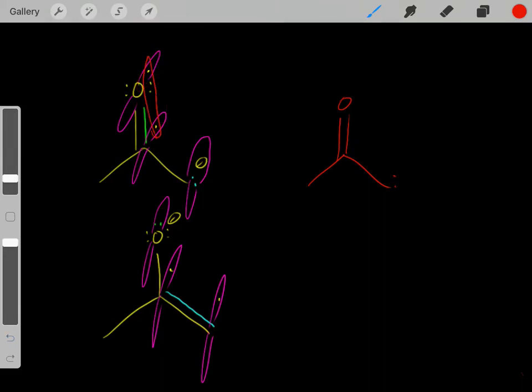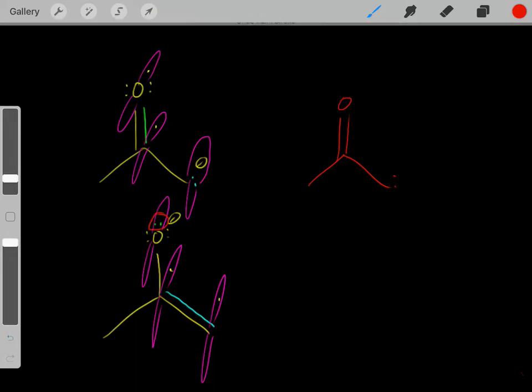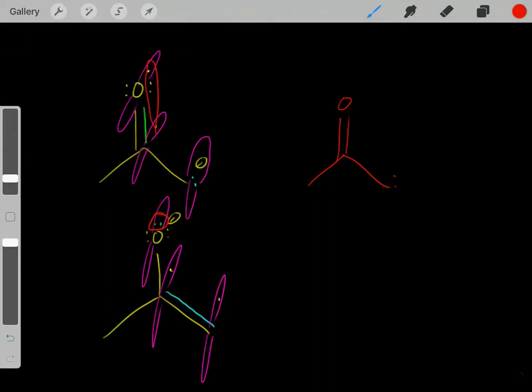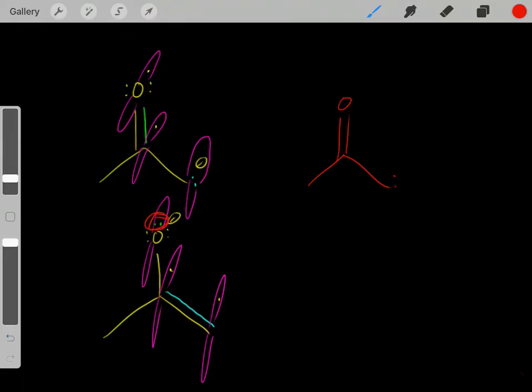So now these 2 electrons that were making this bond are now these 2 electrons. That's what's going on.